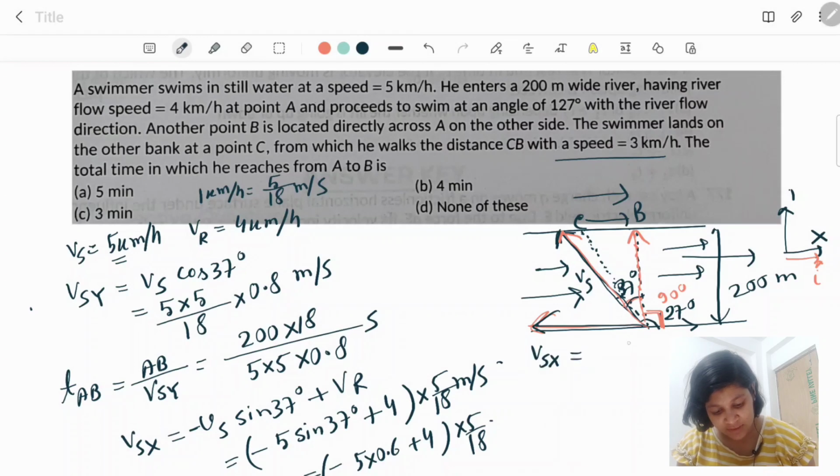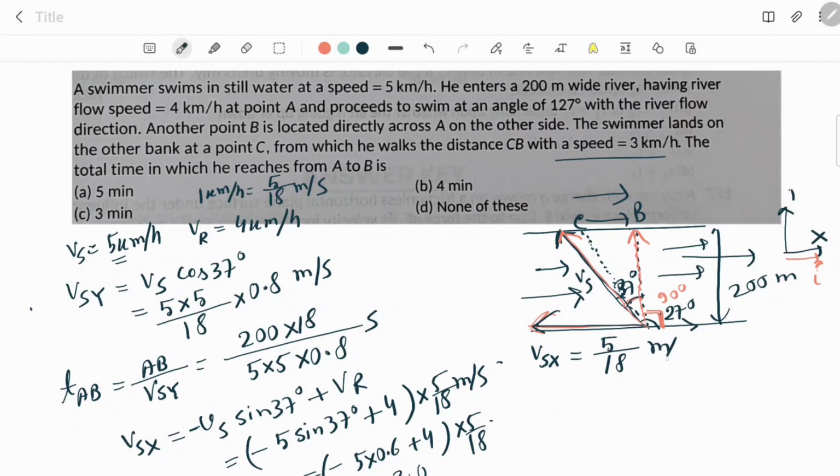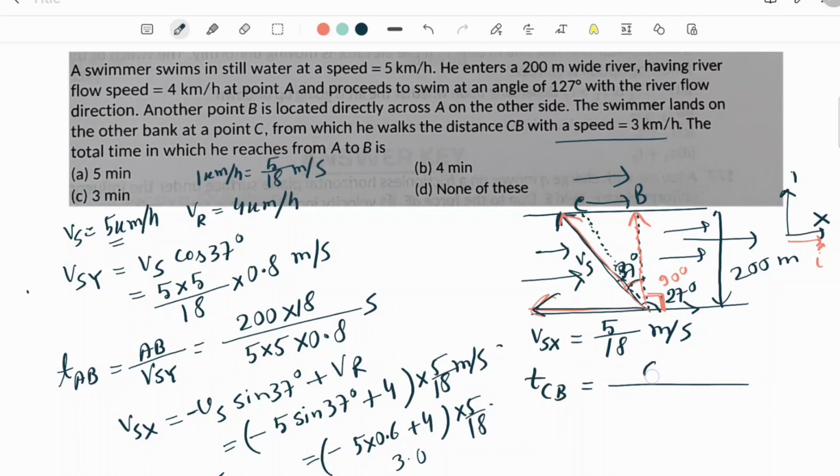So the velocity component along the x-axis becomes 4 minus 3, which is 1, or 5/18 meters per second. So the time taken in going from C to B is the distance between C and B divided by the speed with which it travels that distance, which is 3 km per hour, or 3 into 5/18, and this will come out in seconds.